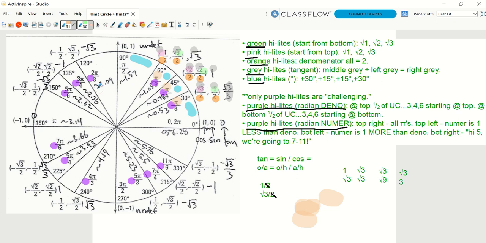Over here, the way you think about it is that the numerator is always 1 less than the denominator. 2 is 1 less than 3. 3 is 1 less than 4. 5 is 1 less than 6.